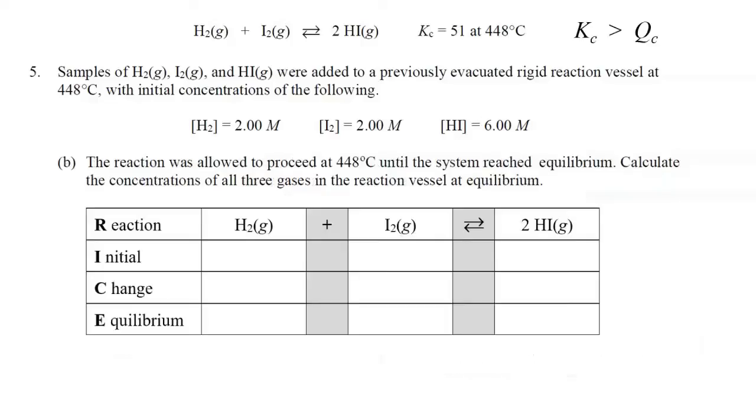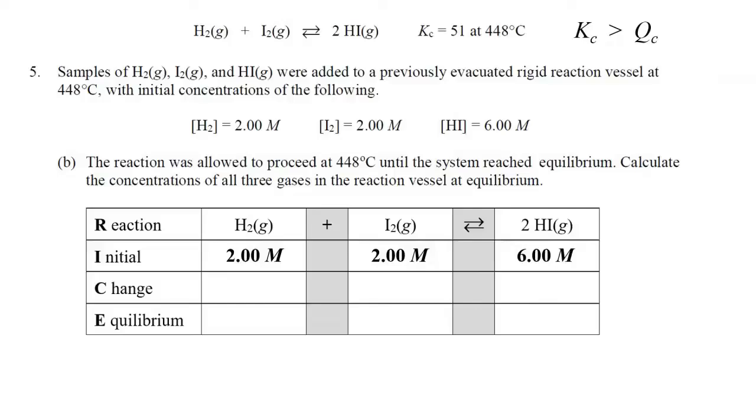So now that we know that, in our ICE table, we can fill in the change with the appropriate plus and minus signs. Initial concentration for hydrogen is 2.00 molar. Initial concentration for iodine is also 2.00 molar. Initial concentration for hydrogen iodide is 6.00 molar. And in the upper right corner of this slide, you can see that mnemonic device where you put, in alphabetical order, K before Q. You show the inequality symbol, which is that Q is less than K, because 9 is less than 51, and that inequality symbol is like an arrow.